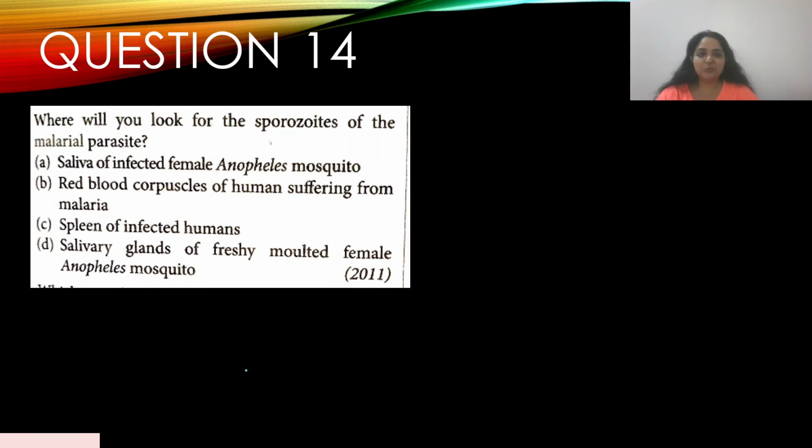Question number 14. Where will you look for the sporozoites of the malarial parasite? It appeared in 2011. A, saliva of infected female Anopheles mosquito. B, RBCs of humans suffering from malaria. C, spleen of infected humans. D, salivary glands of freshly moulted female Anopheles mosquito.